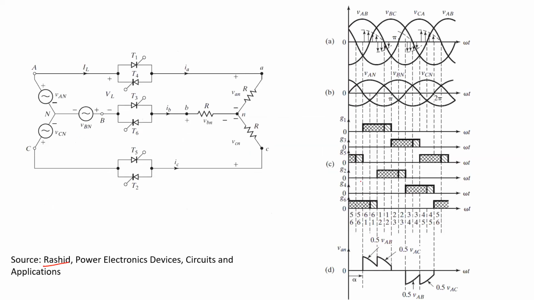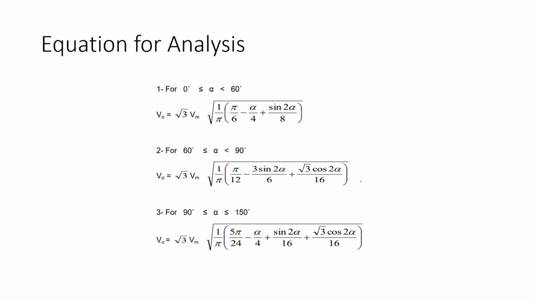Now, as I said, there are three regions. The first is alpha between 0 and 60, then alpha between 60 and 90, and alpha between 90 and 150. So there are three regions and three equations.